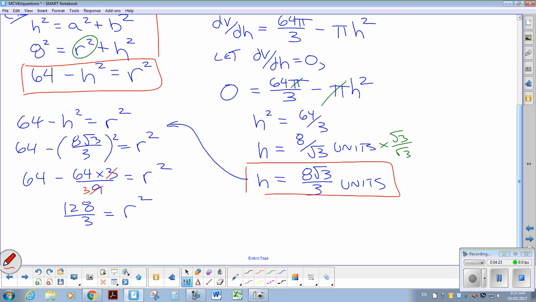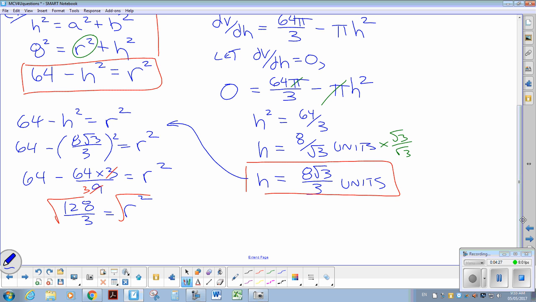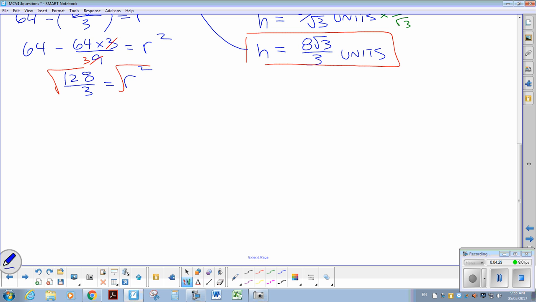Square root of both sides. So I'm assuming that 128 must have a perfect square. 16 works. What about 36? No, let's start with 16. So 128 divided by 16 is 8, so 128 is 16 times 8.